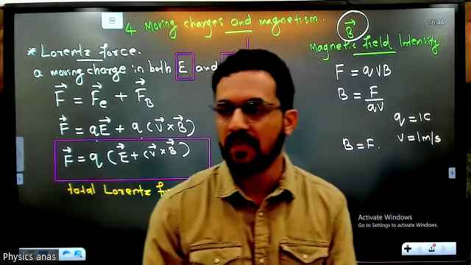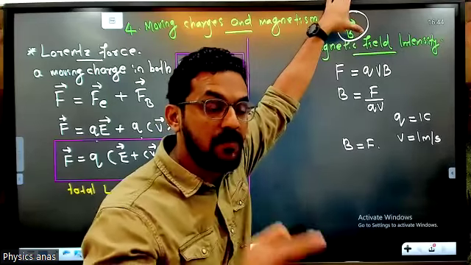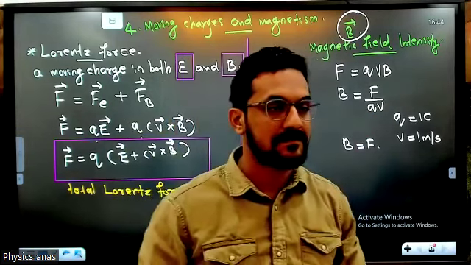What is magnetic field intensity? There is another name for this, that's magnetic field strength. Now tell me, what is magnetic field intensity?